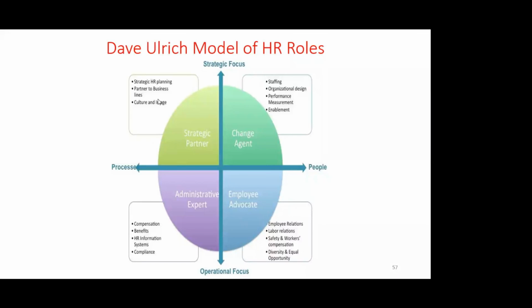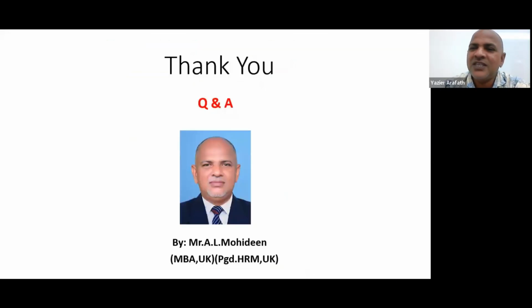Yes, sir. We have these models. Why do we have all these models? Again, I'm asking. How did HR start to function, then later thinkers put some kind of thinking.